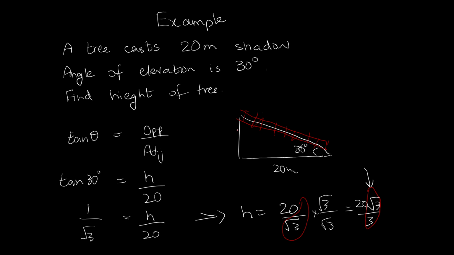If you have the value for adjacent, you will do cos theta, because cos theta includes the adjacent and hypotenuse. But if you have the wall length, then you would use sine theta. So always draw the diagram first, a simplistic diagram quickly, and remember that these problems are formula based and direct.